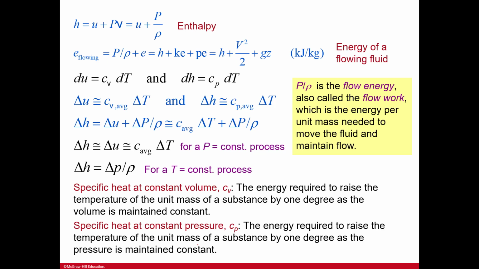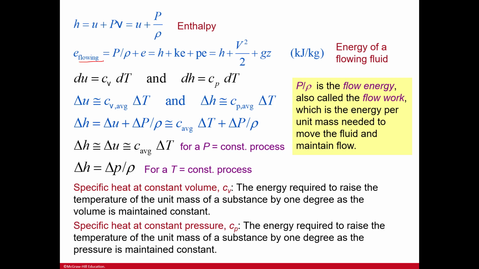So here's a formula up here for enthalpy, followed by the energy of a flowing fluid. Here's the energy of a flowing fluid, and you see flowing is denoted because remember when we use a subscript, that's kind of like a name tag for us to know what energy we're talking about. And then here you have specific heat at a constant volume, which is denoted by CV.